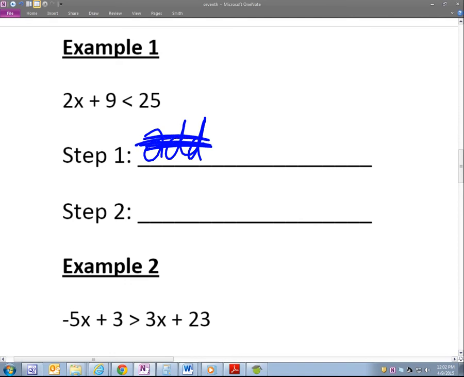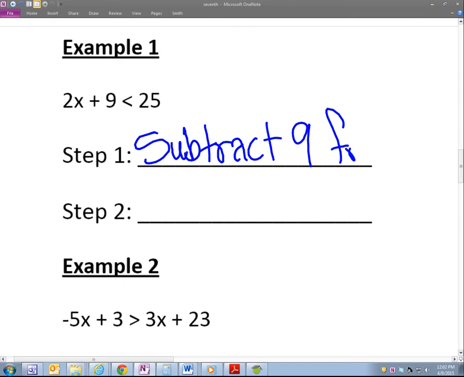The first thing we have to do is subtract 9 from both sides. Then what's going to be the next step?